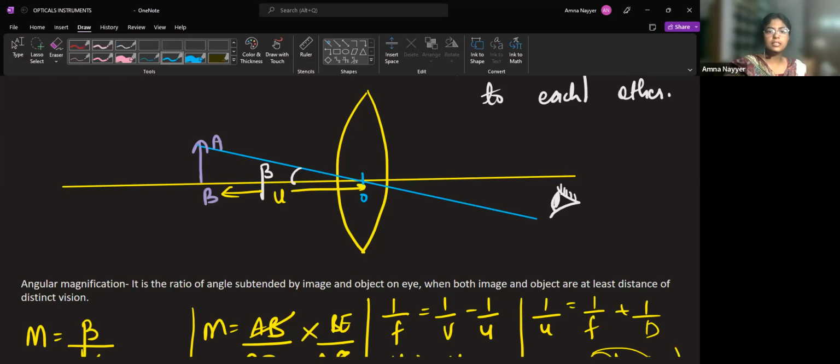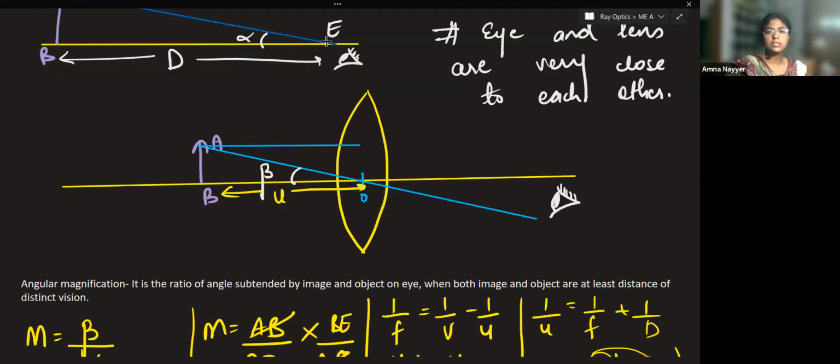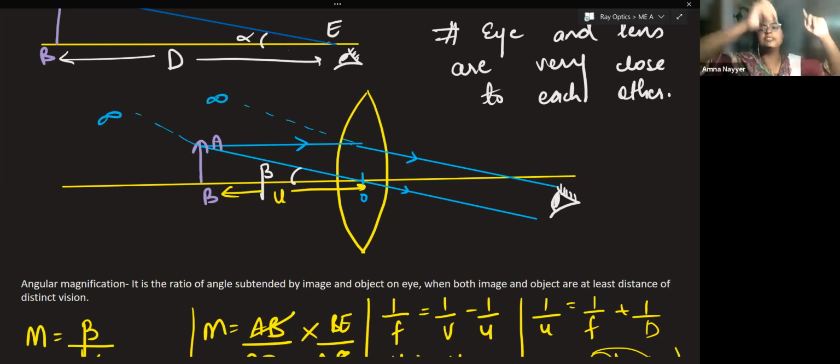The other ray will go and get refracted. But as you produce these, the rays will not appear to meet anywhere. They will meet at infinity only, because your final image is formed at infinity.